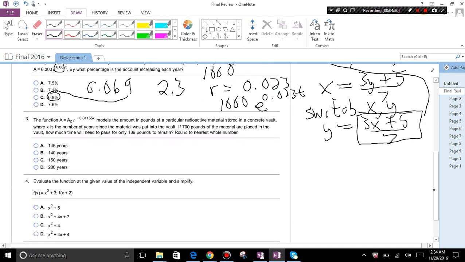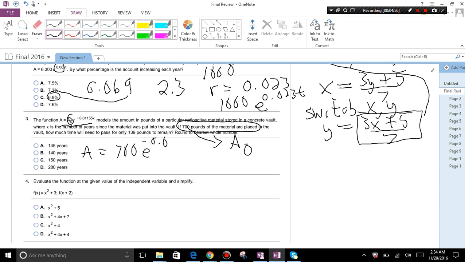And then the other thing we'll ask you to do is we'll ask you to set an exponential equal to a number and solve. And so here's the exponential model. They tell you how much is there in the beginning. That number there is a sub 0, which is this number. And so our function is A equals 700. So you put 700 pounds in something and it's decaying.